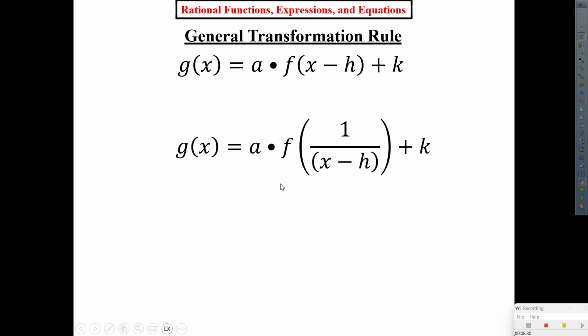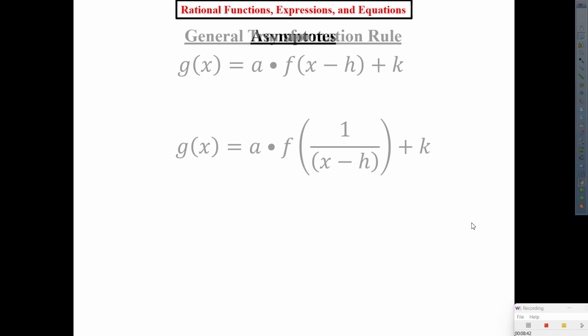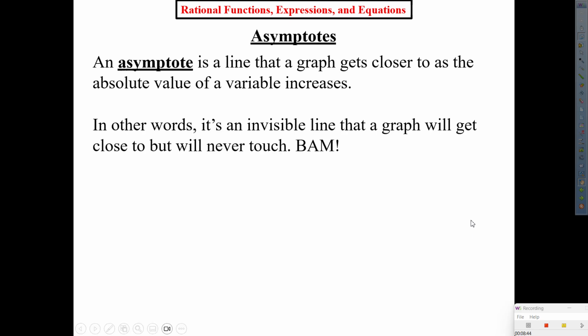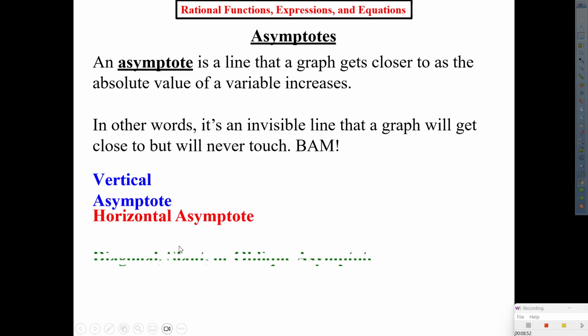All right. So once again, general rule, here it is. Our new rule is this one. And just a reminder, K goes up and down, H goes side to side, and A stretches or compresses. Asymptotes. We talked about that it's an invisible line that the graph does not touch. We've been working with vertical. We've been working with horizontal, and we still haven't gotten to diagonal, slant, or oblique. We're getting there, though.